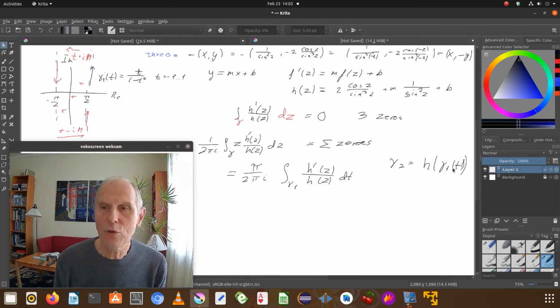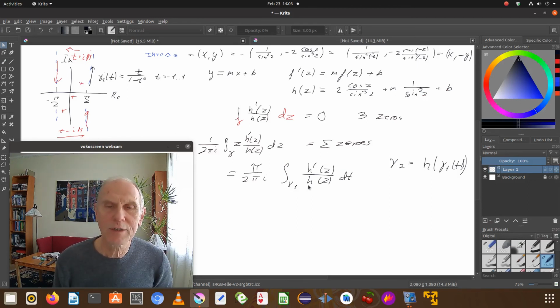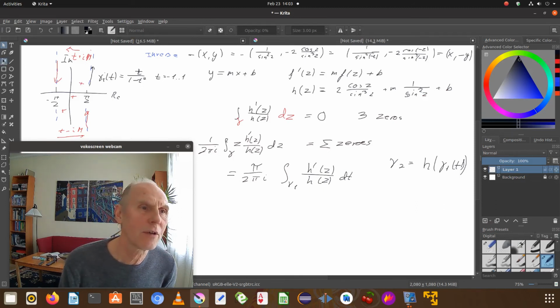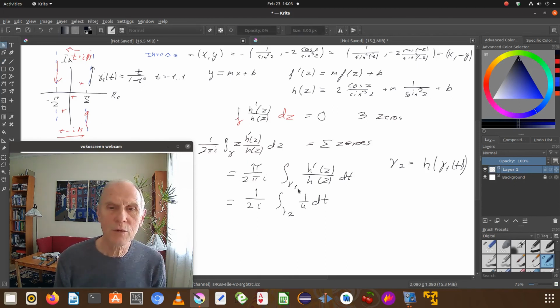So we have a loop, and it's a differentiable curve. So this integral is the number of times we loop around naught in going from B to B.